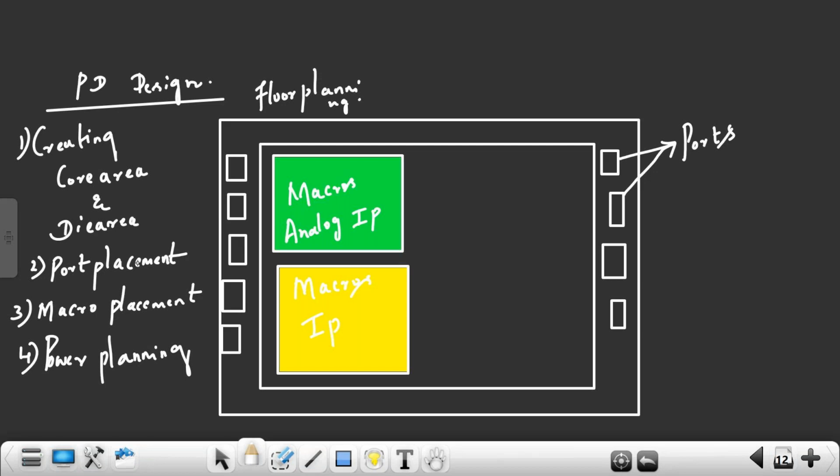Then after floor planning, the next step is what? Placement. Placement means now we have placed only the macros inside the core area, but standard cells are not yet placed.